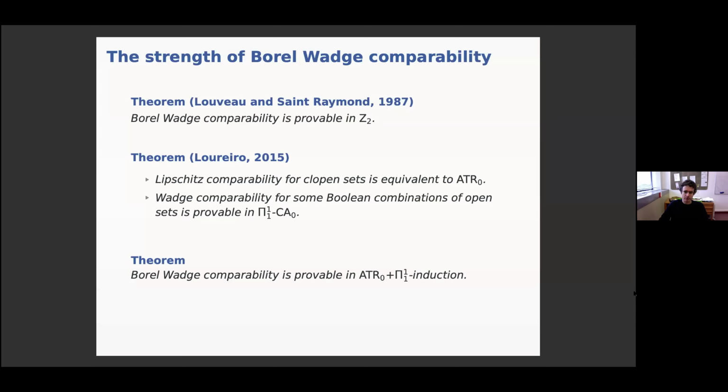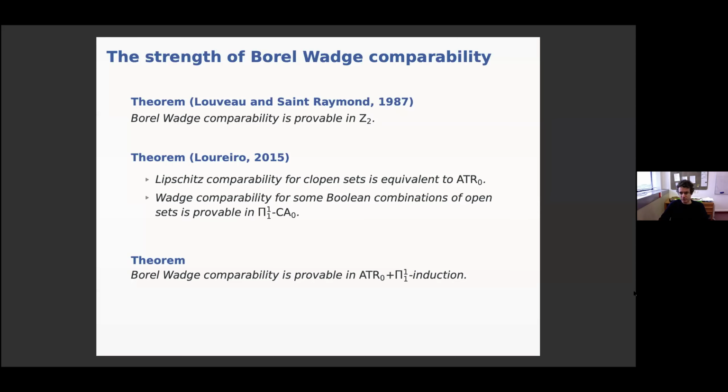Loureiro wrote a thesis in 2015 investigating this very question, and he's looking at a variety of principles that are related to comparability and to determinacy. So you can ask about determinacy of the Wadge games, you can ask about comparability using Lipschitz functions rather than arbitrary continuous functions, and he also looked at Cantor space as well as Baire space.